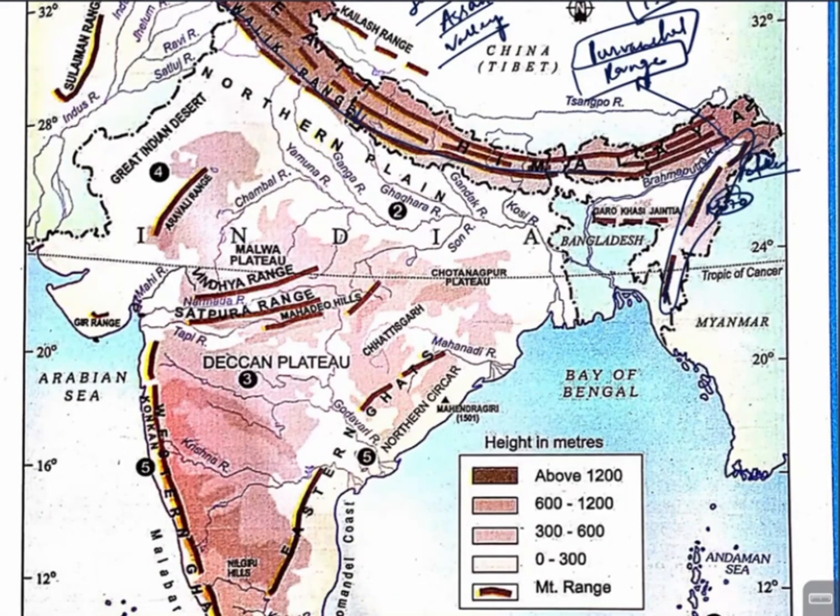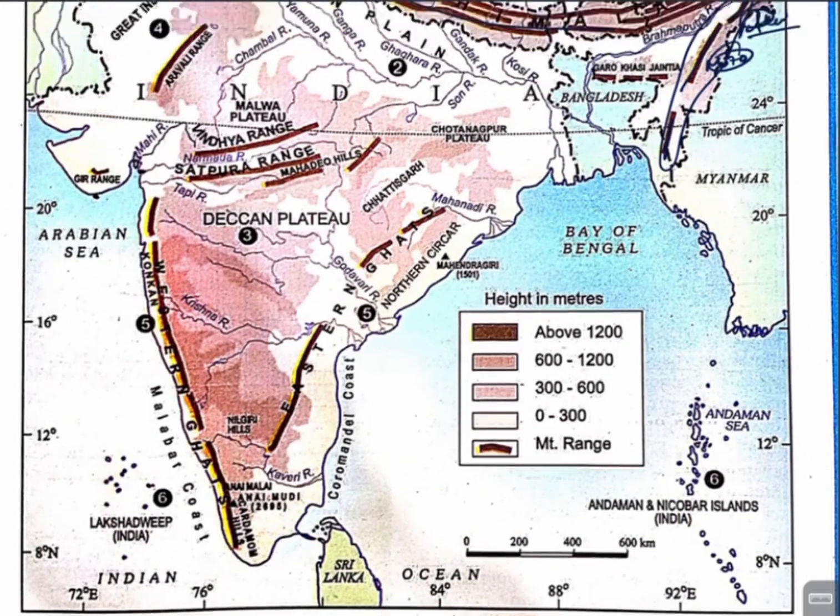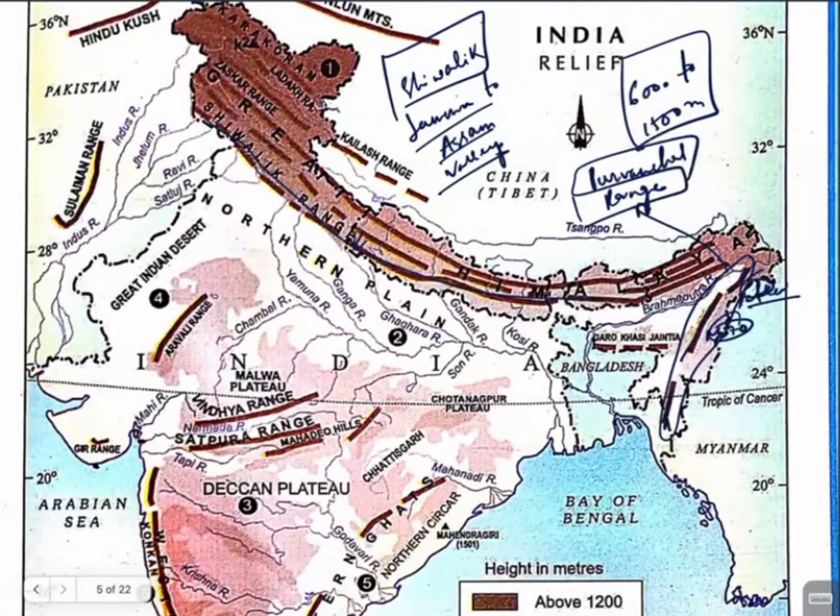The Himalayas are also divided on the basis of region. If you see it in a broader aspect, the full Himalayas is divided into various kinds on the basis of regions.